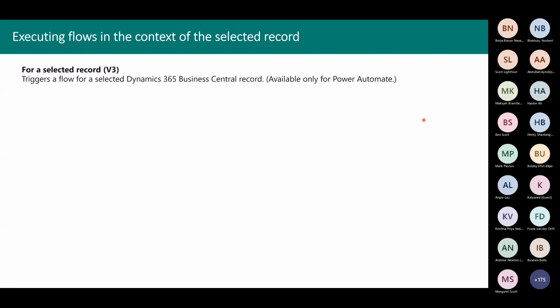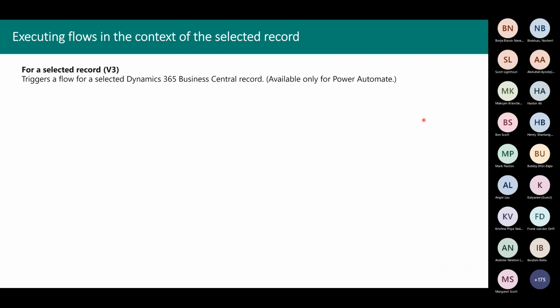This means that the latest updates of Business Central 20 create a new trigger called For a selected record, named as version 3, that permits you to trigger a flow in the context of the record where you are in Business Central. And this trigger is only available for Power Automate. You don't have this trigger available for other types of workflows, so no Logic Apps or something like that.